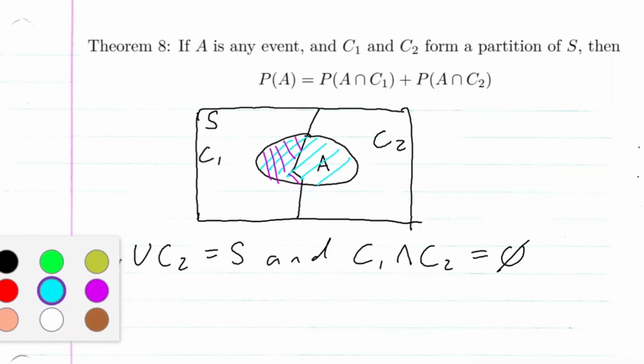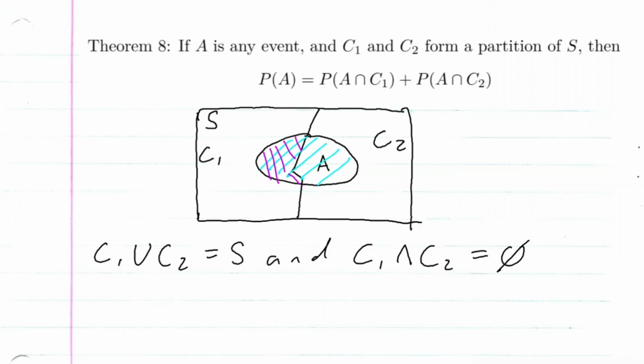And then let's go for red, okay? And the probability of A intersection C sub 2 is the red, right? So notice that the purple plus the red gives us all the blue, right? So the probability of A would be the probability of A intersection C sub 1 plus the probability of A intersection C sub 2. All right, so let's go ahead and prove this.